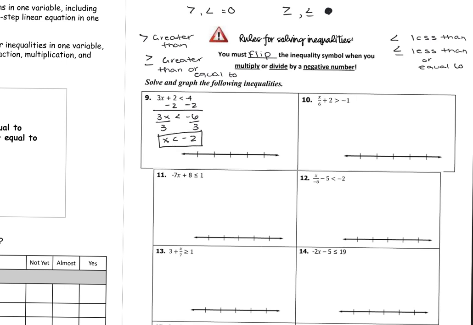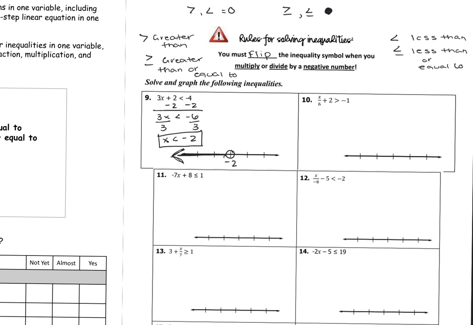All right? So here, I did not have to flip the inequality sign because I did not multiply or divide by a negative number. So now graphing on the number line, I have that x is strictly less than. So I'm going to have an open circle at negative 2. And I want to shade values that are strictly less than, so I'm going to shade to the left.